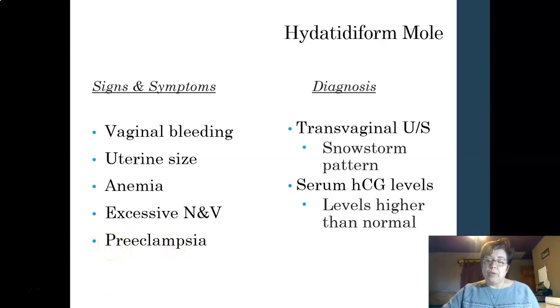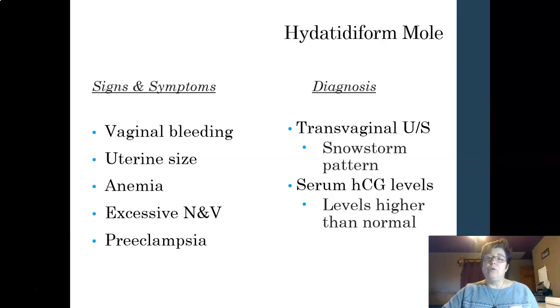We talked about preeclampsia before spring break, and if you remember, I said that preeclampsia occurs in the second half of the pregnancy. This is an exception to that rule. A woman with a hydatiform mole may develop preeclampsia, and this is in the first half of the pregnancy.